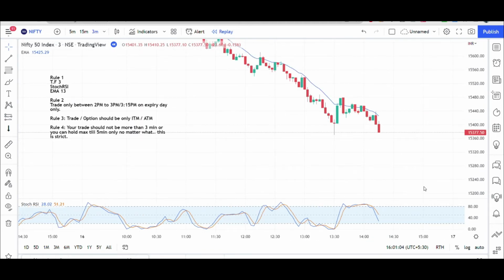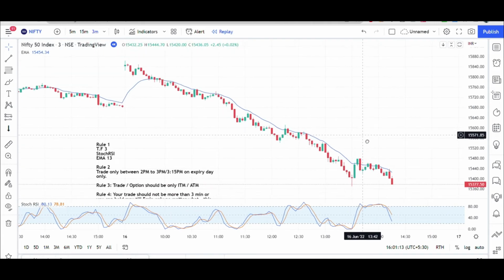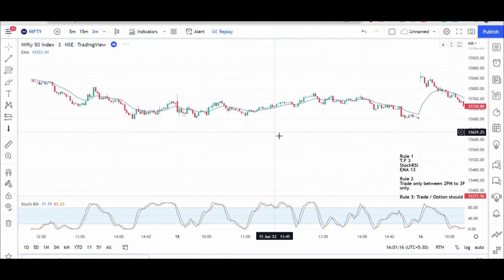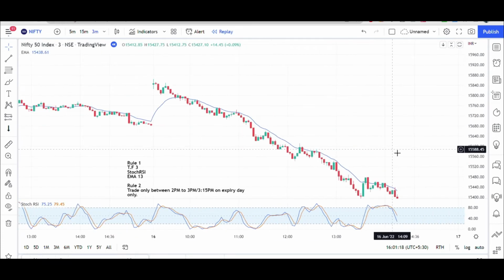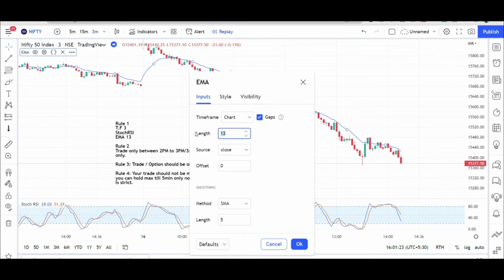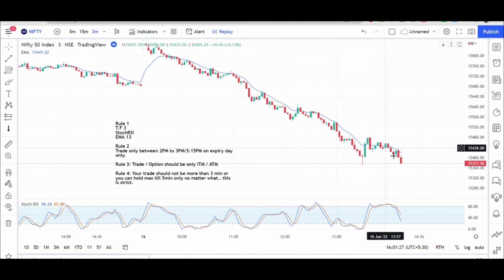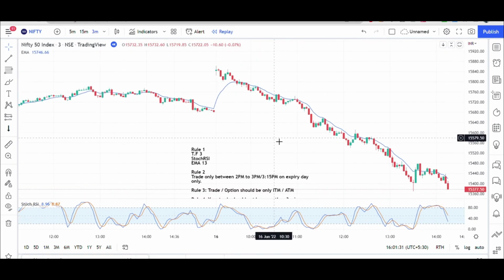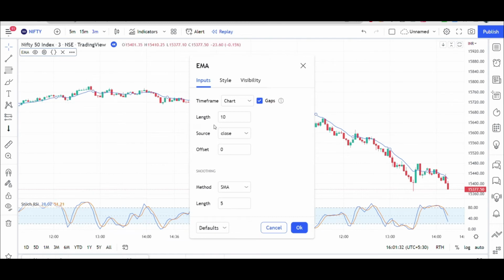In my last 8 months, it has been proven that the 13 EMA is working properly on the 3 minute time frame. Let's say I change it to 10, and then you will get a bit confused. Why 13? Why not 10? There is no theory. 10 is also there, and it is very close. But from my personal experience trading, I'm using 13.